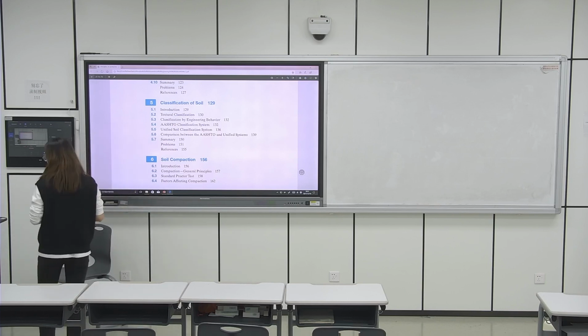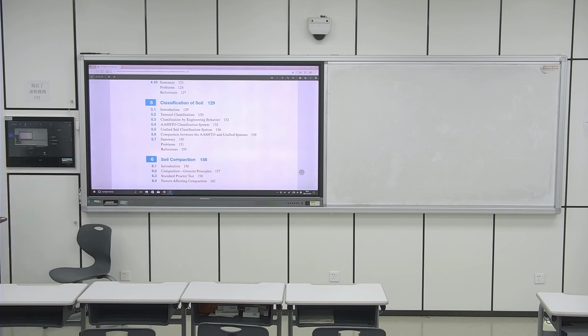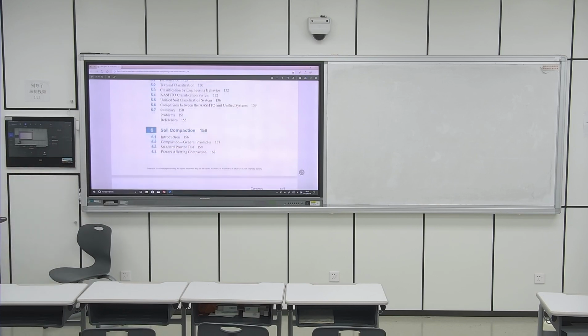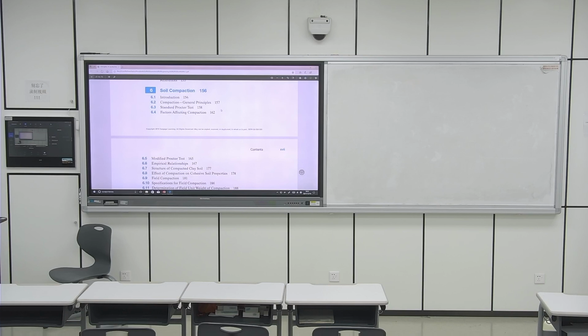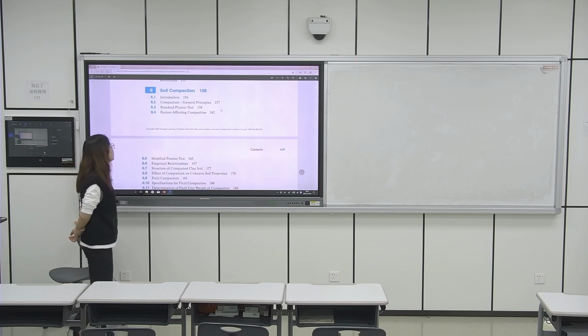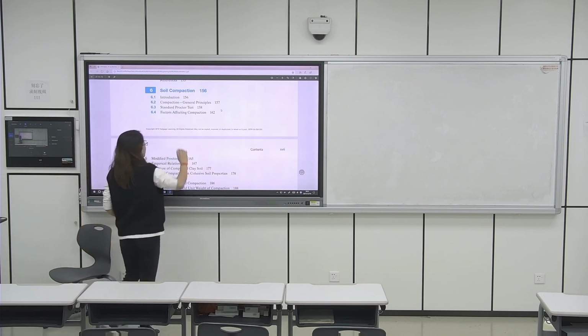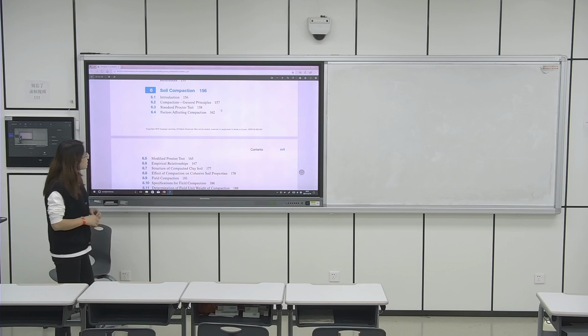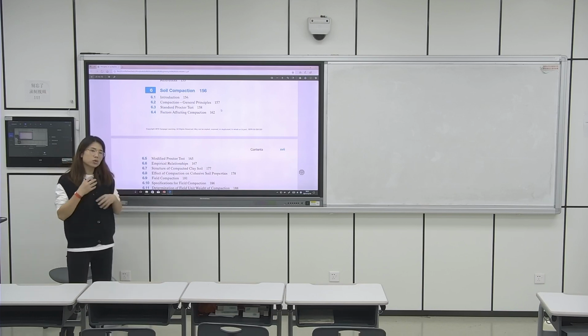And in chapter 6, we learned the compaction of soil. Compaction of soil is a very important behavior of soil. The important thing we learned here is the standard Proctor test, which is to obtain the compaction curve, right?